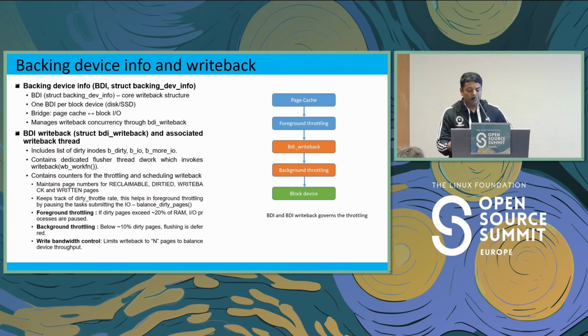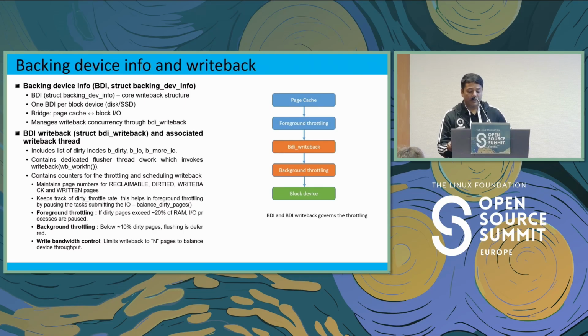The core of the writeback is the backing device info structure and the BDI writeback structure. The backing device info structure is one per block device, and it has interfaces with memory management and the block IO.